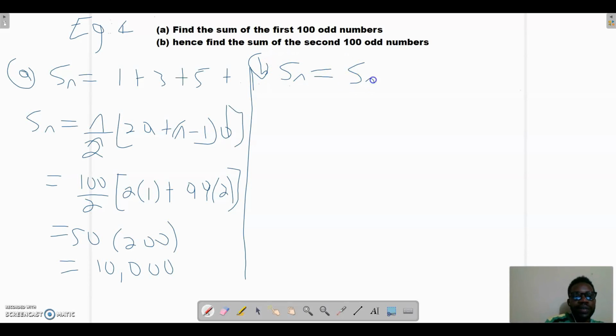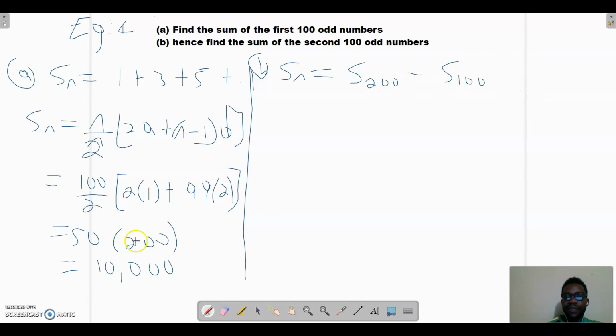I could find the sum of all 200 odd numbers and subtract the sum of the first 100, because this would be easier. It would be more difficult to just find the sum of the second 100 because you'll have to figure out what the first odd number is in that range, or what the 101st odd number is, and work our way up, which you could figure out, I'm sure, but it's easier this way.